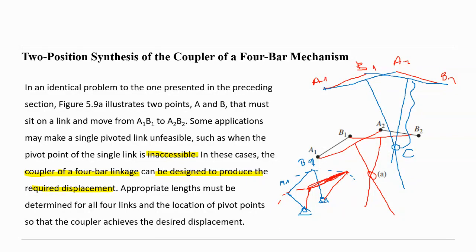This is the first blue one and second. So that means we can manage to solve this problem in certain cases only with a single link, but in some cases we cannot realize it with a link, and we need a four-bar mechanism. That means crank rocker.